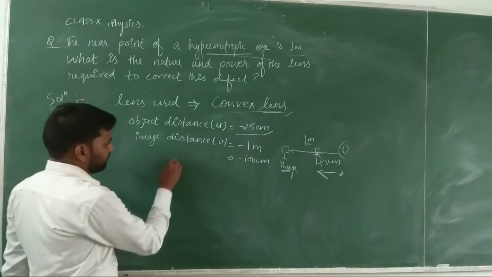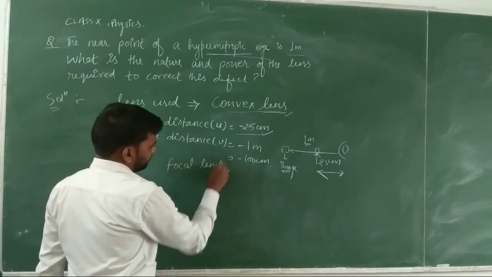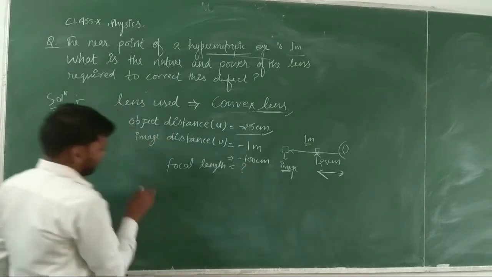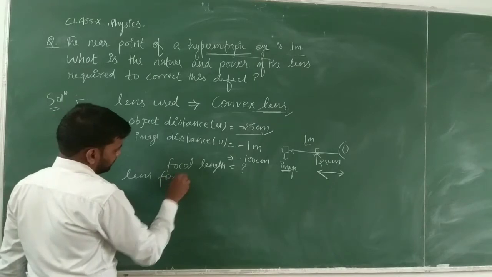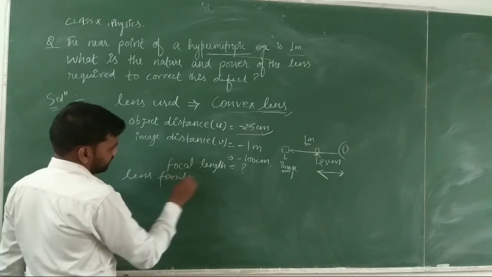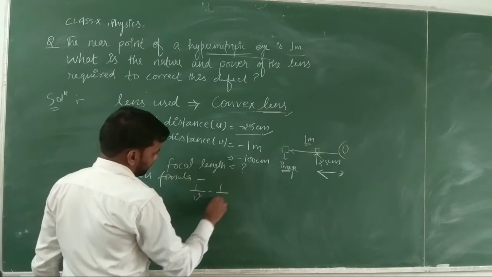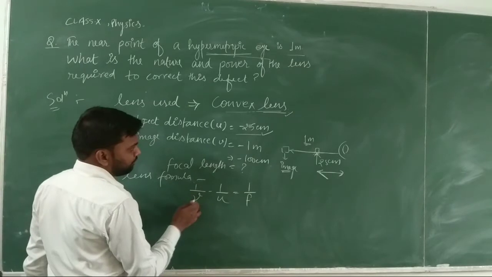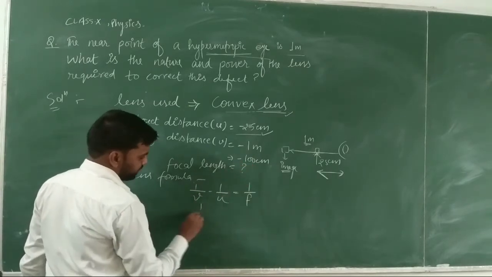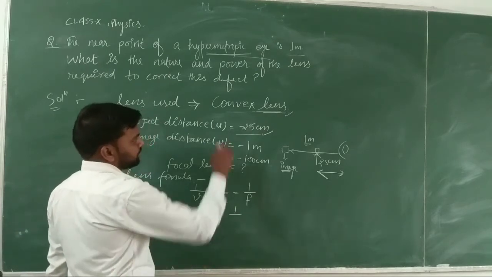Now we need to calculate the focal length. We don't know what is focal length. So now we will apply the lens formula, that is 1 upon v minus 1 upon u equal to 1 upon f. Now the value of v is minus 100 centimeter. 1 upon minus 100 minus 1 upon u. What is the value of u?